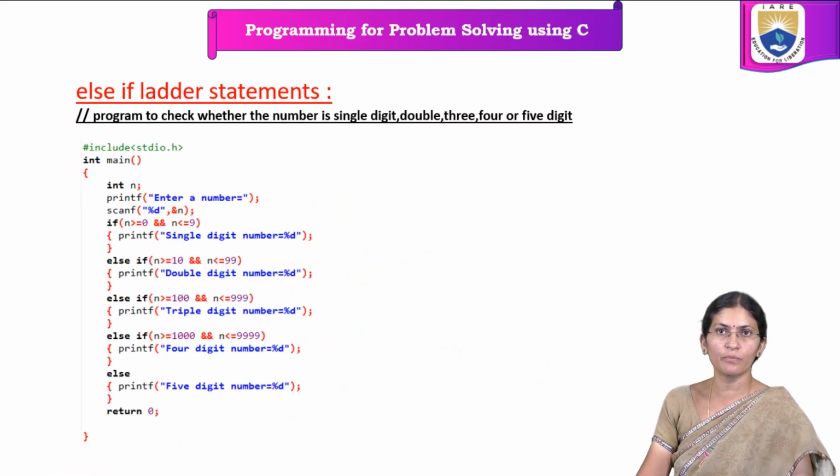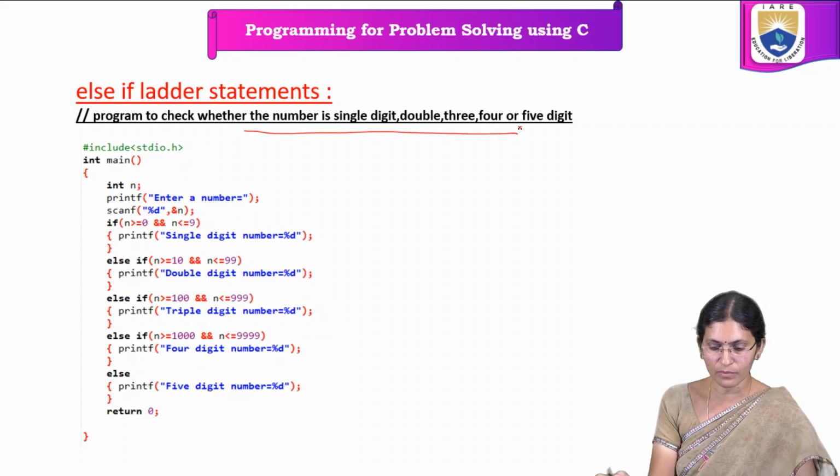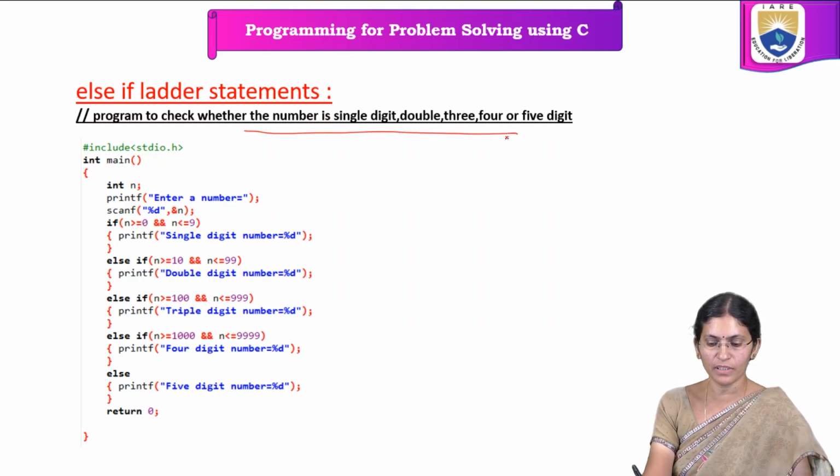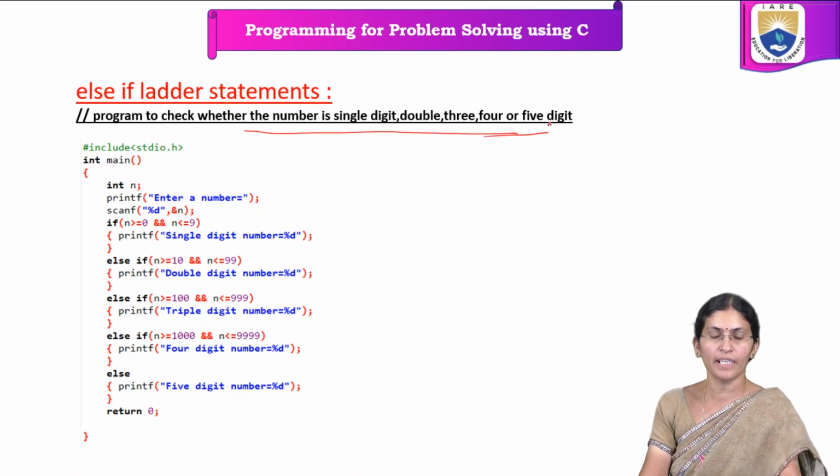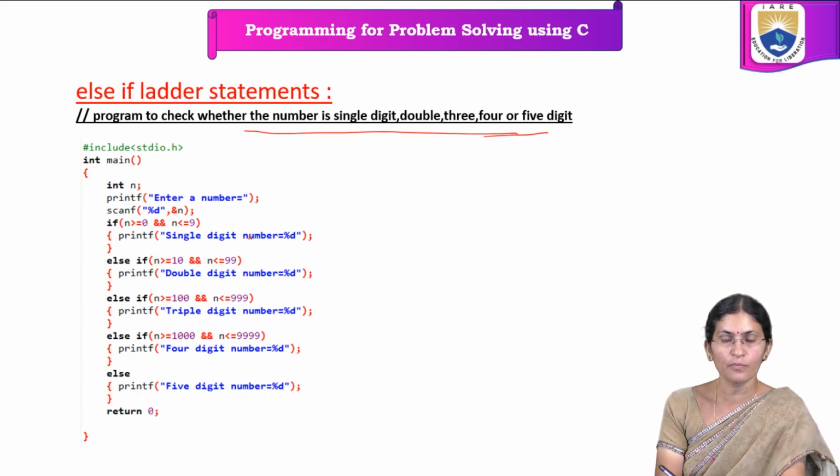Now let us see a simple program to check whether the given number is a single digit, double digit, 3 digit, 4 digit or 5 digit number.